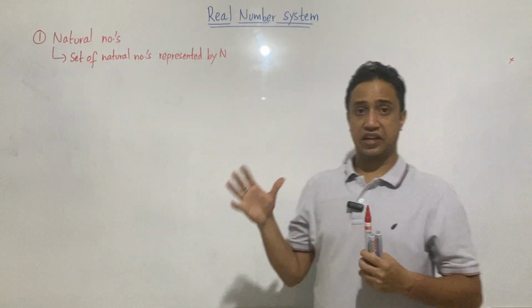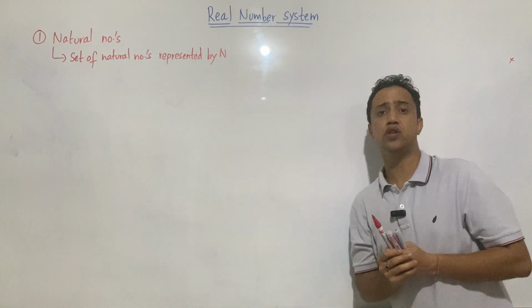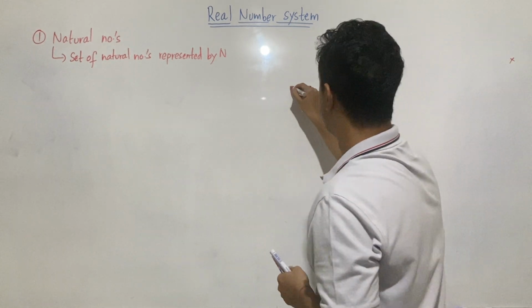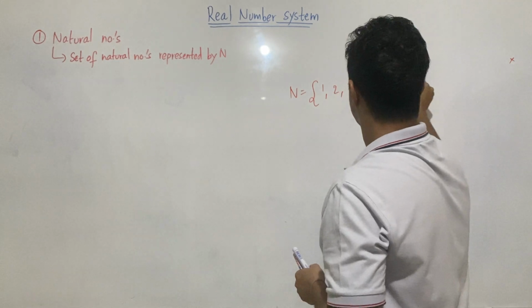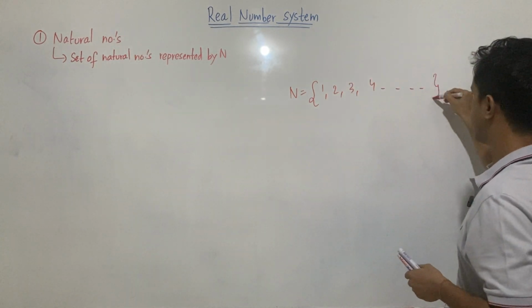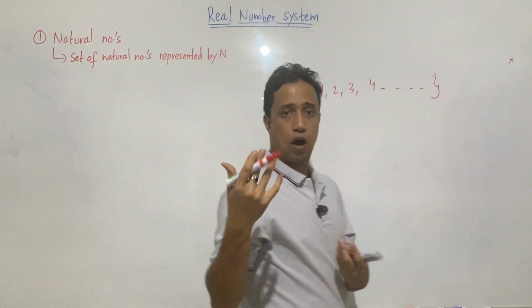Basically, it's a collection of all the counting numbers, or I can say that natural numbers are the set of counting numbers 1, 2, 3, 4, and so on up to infinity. So natural numbers are defined as the set of counting numbers.